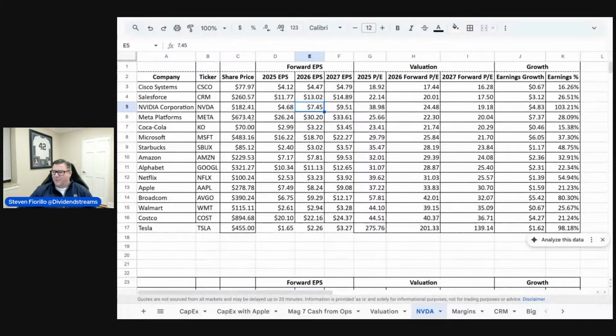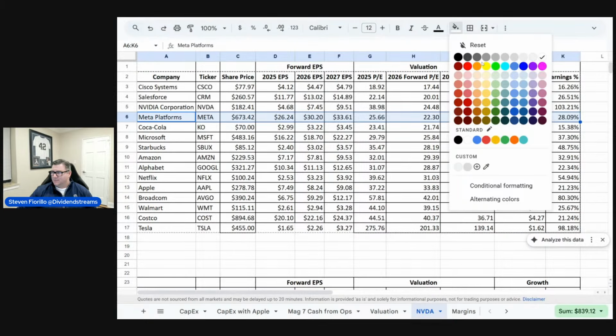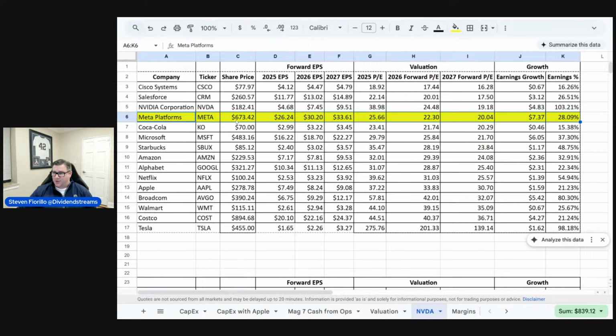If we look at Meta, if we put Meta at 1,000, are you ready for what these numbers are going to look like? This is based on what the current projections are.